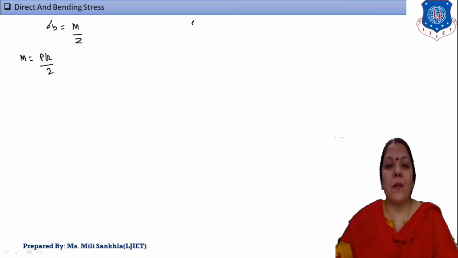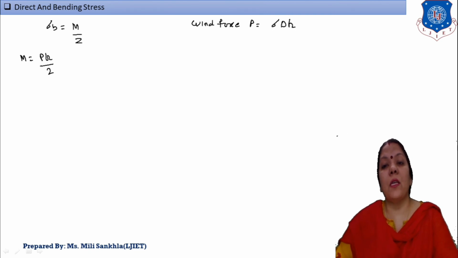Now here P is our wind force. Wind force P is equal to sigma into capital D into H, because here the wind coefficient is not given, so we take sigma D H. Now what is the value of sigma?